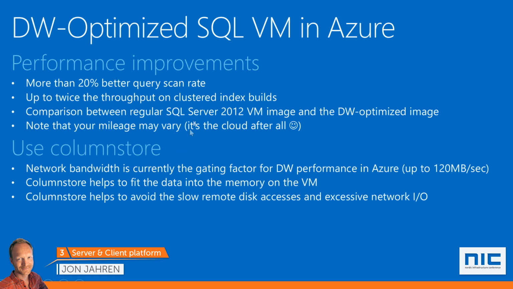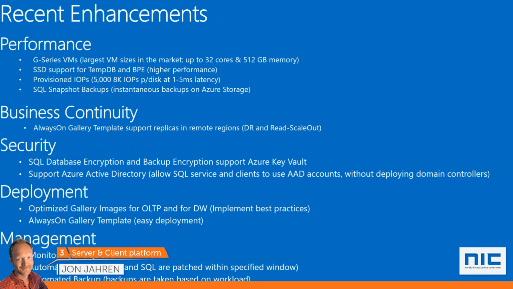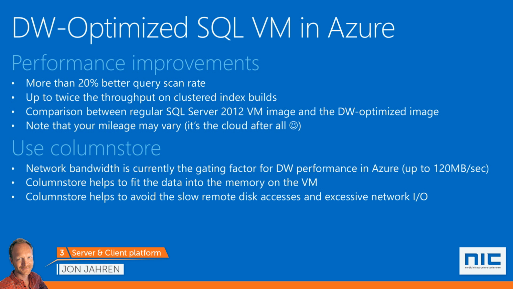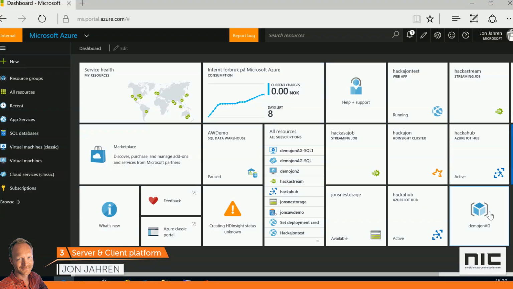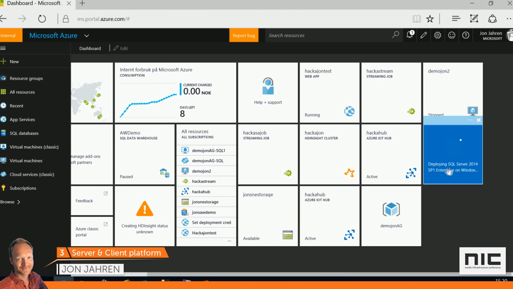But it's very important in these types of environments to use column store indexes, which I mentioned earlier, which is very important for this type, which was the logical design that was tested for this type of optimization. So the optimization part in the VM configuration is very important. Let's see if it's finished yet. No, it's still deploying.